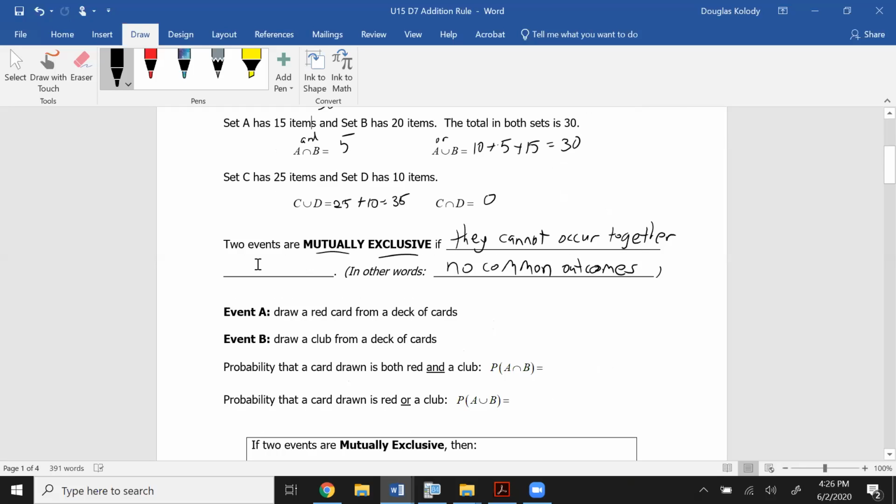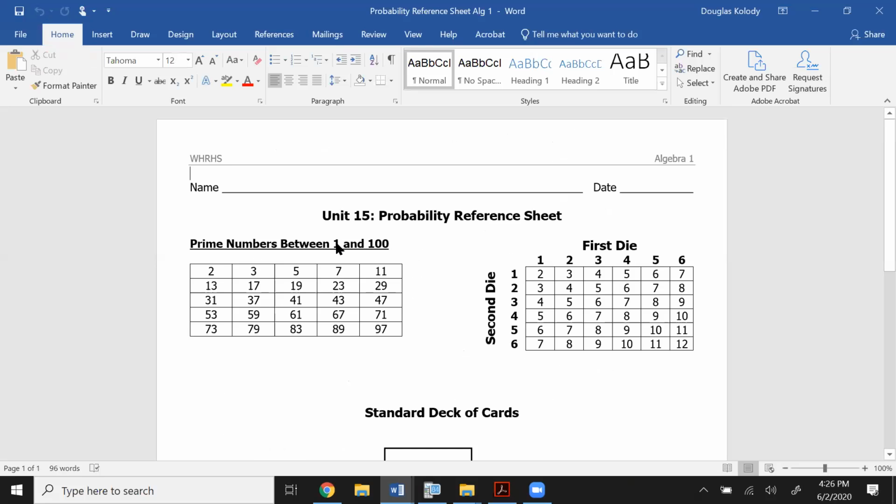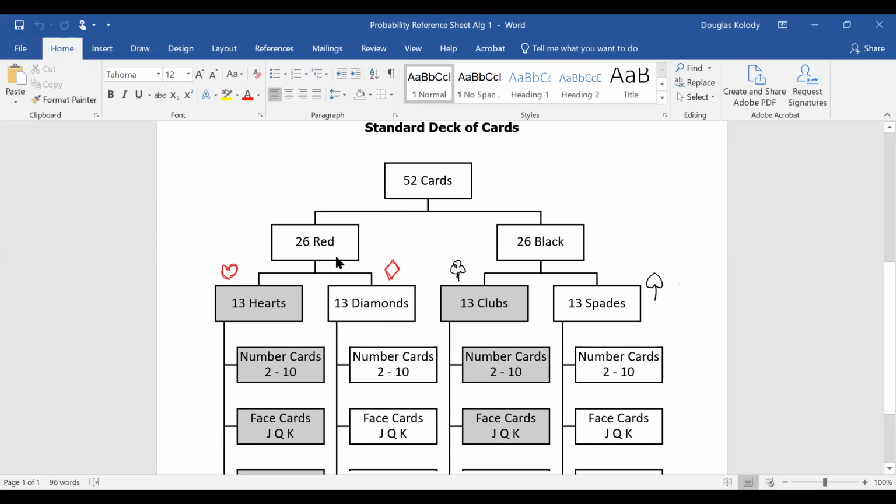Gosh. All right. So let's say that event A is drawing a red card from a deck of cards. And event B is drawing a club from a deck of cards. Now, again, for those that are not familiar with card distributions, use your reference sheet.